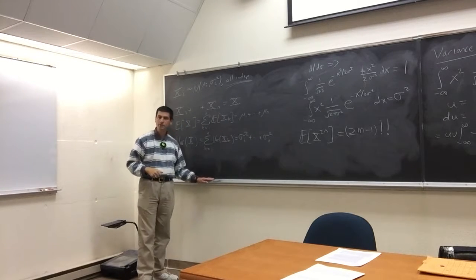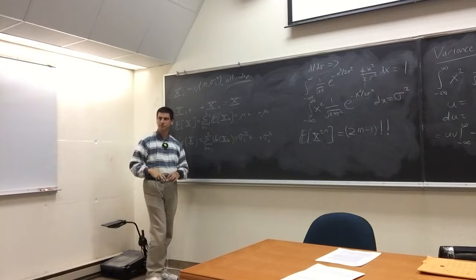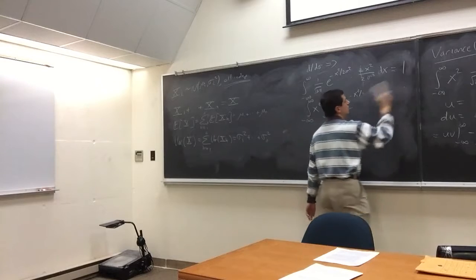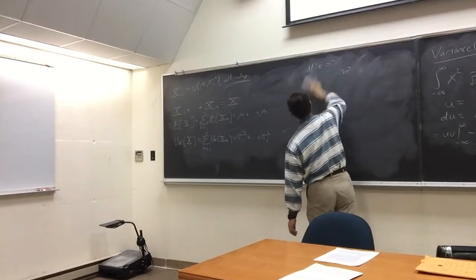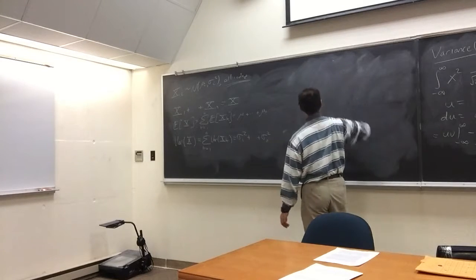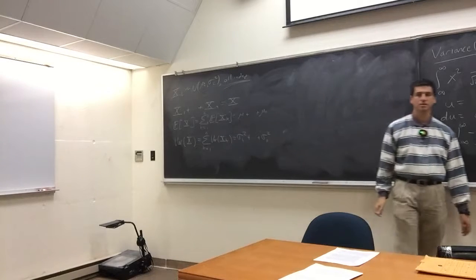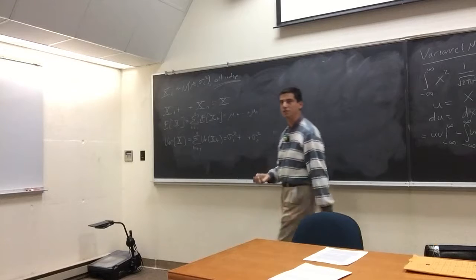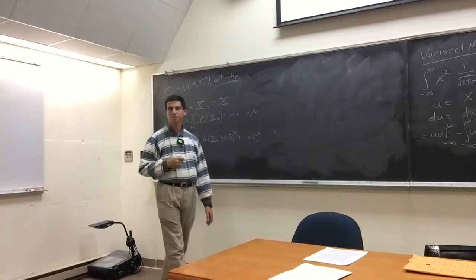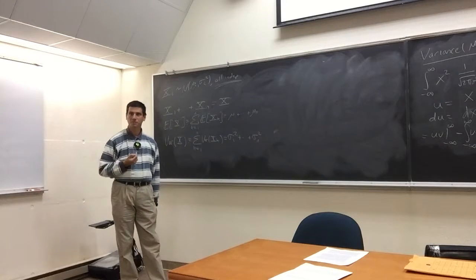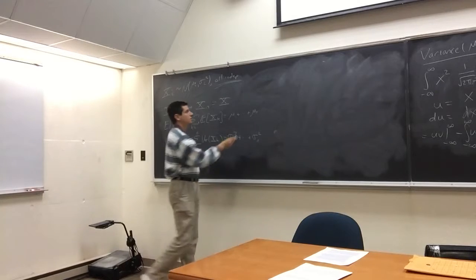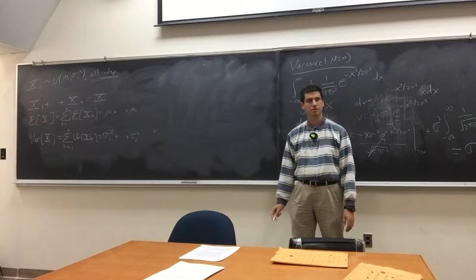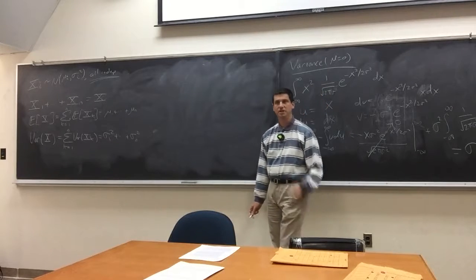So we know the mean, we know the variance. Any thoughts as to what the answer might be? Any guesses? What might be a guess for the sum of normals? Yes.